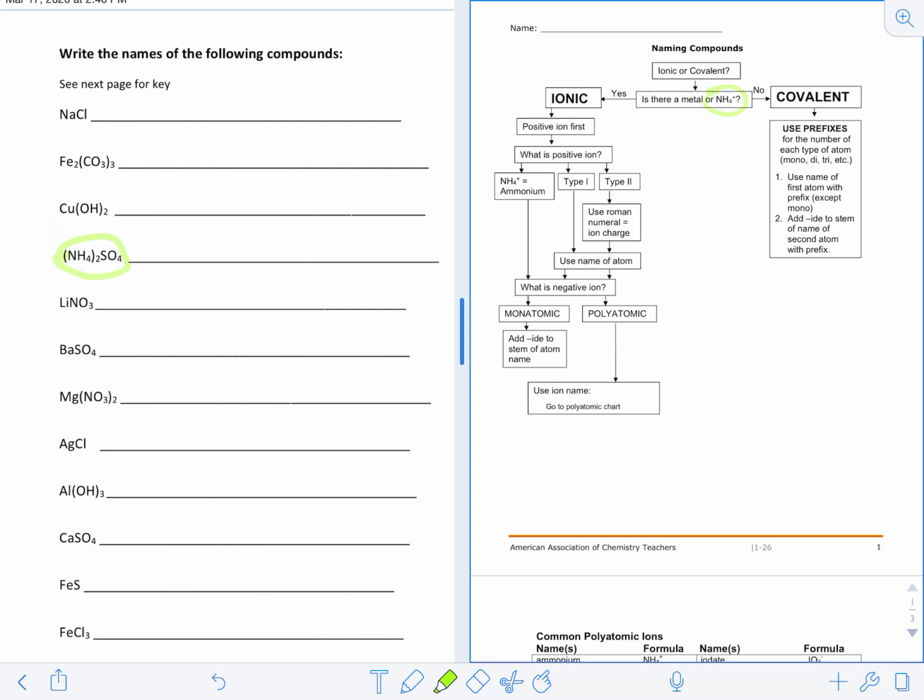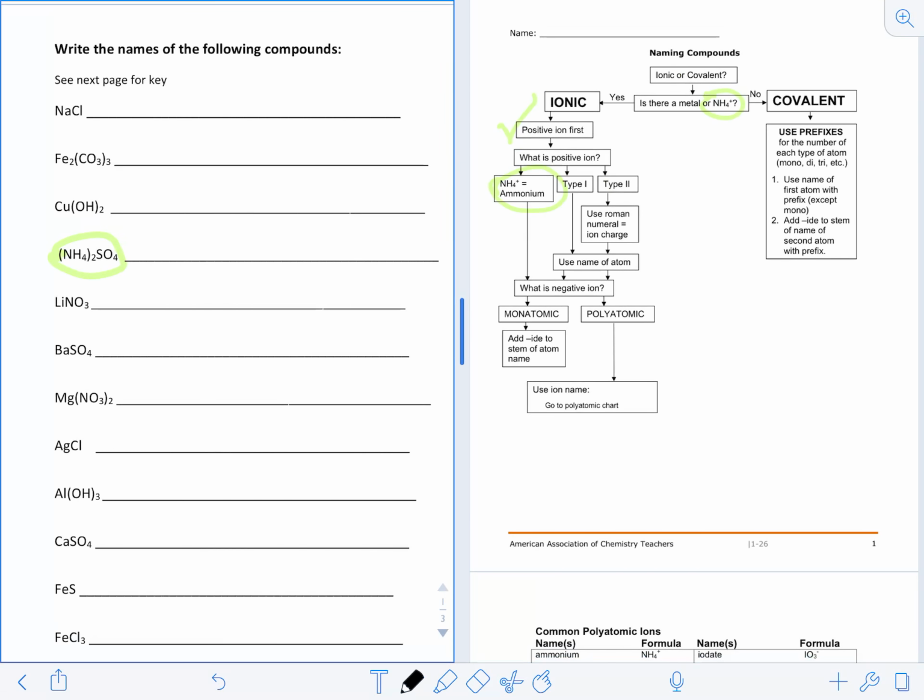It is the same compound. So this is an ionic compound, and if that's the case, we want to write the positive ion first. So the positive ion, we need to determine what it is. If you look here, it is ammonium. So when I write my name, I want to write ammonium.